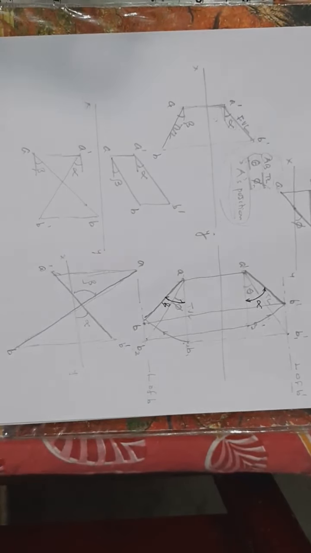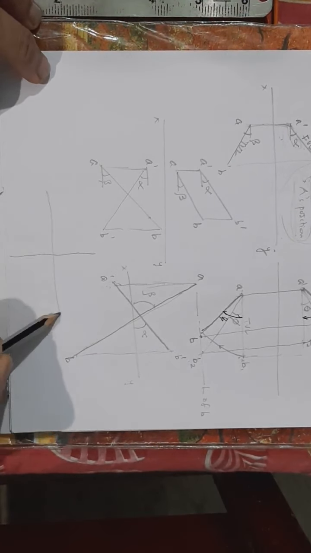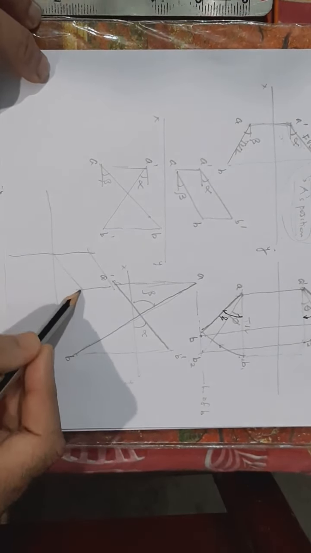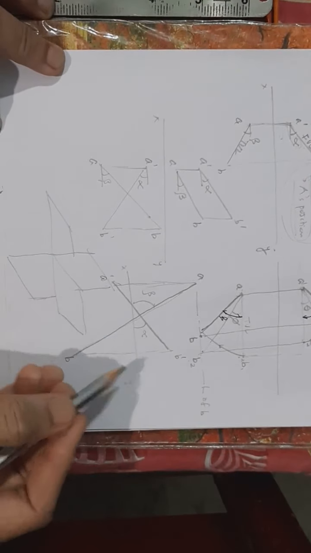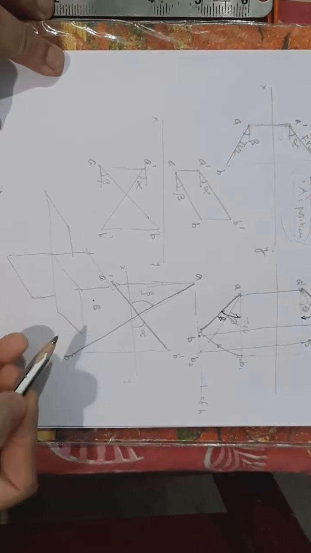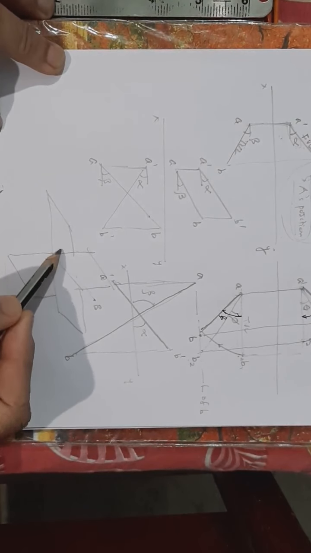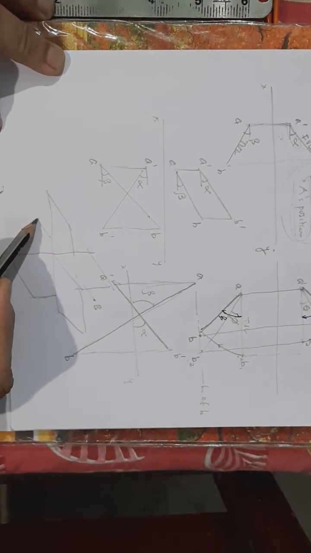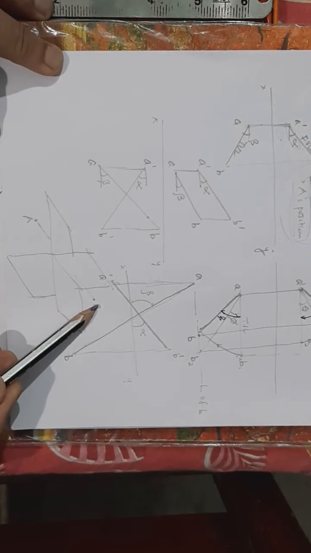As you can see, suppose we draw the quadrants here like this, the quadrant system with HP and VP. One end of the line, that is B, is in the first quadrant, and the other end goes like this to the second quadrant and then goes like this, and this is the end A. So end A is in the third quadrant and end B is in the first quadrant.